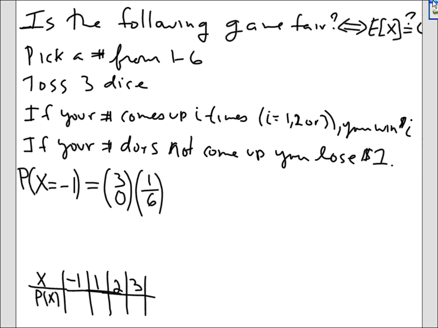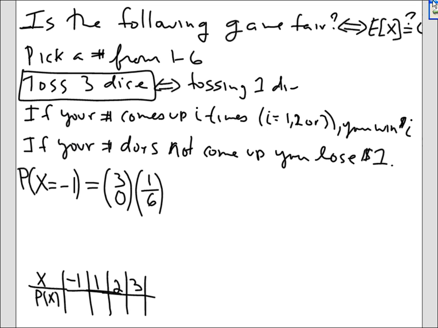Maybe it's better to say we toss 1 die 3 times. It's exactly the same experiment, but it's 3 times, which makes it binomial.